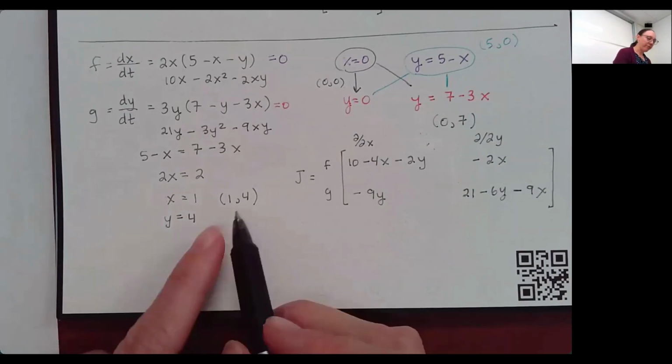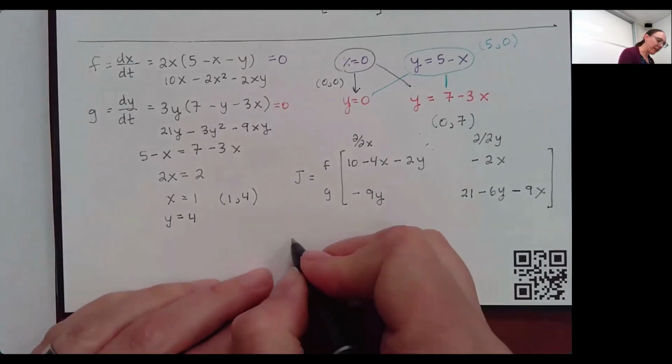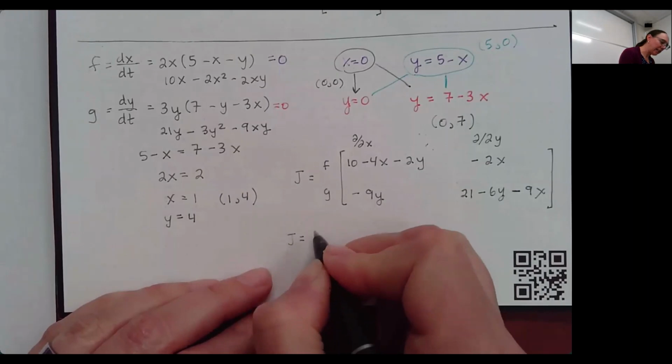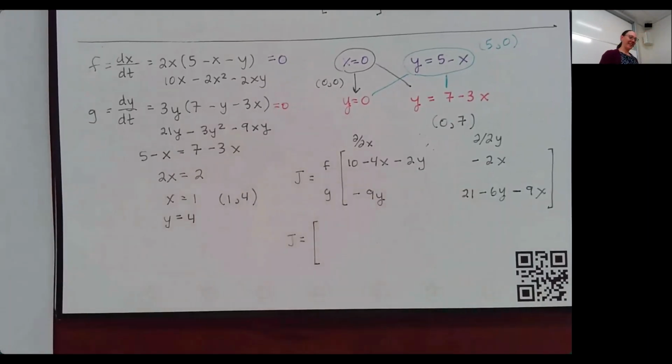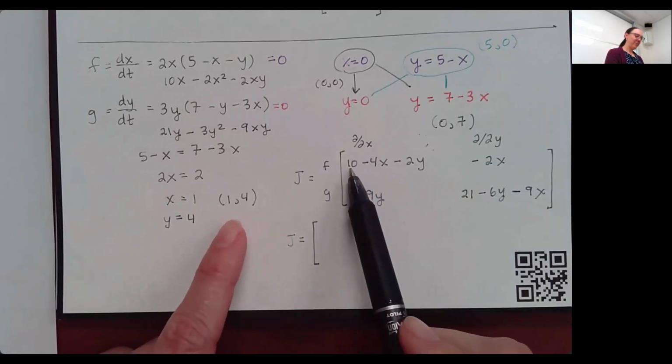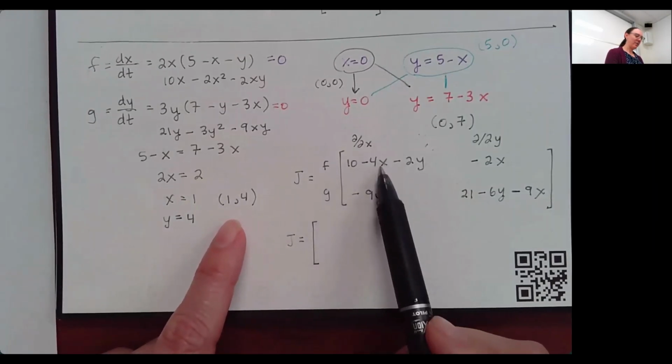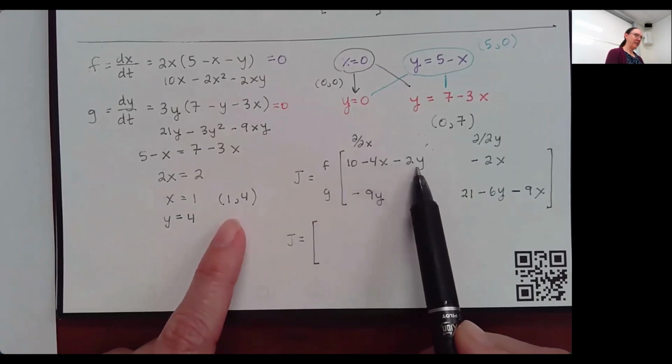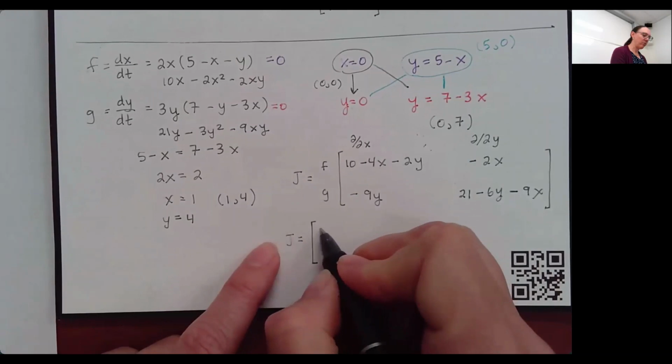So at 1, 4, this is going to get messy, but it's okay. So if x equals 1 and y equals 4, then I've got 10 minus 4, so I'm at 6, minus 8, so -2.